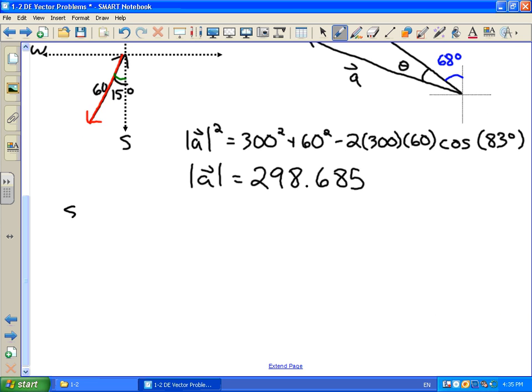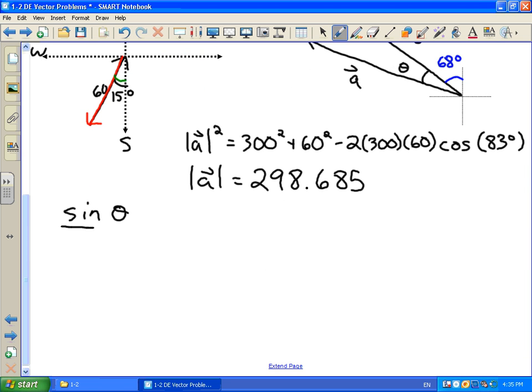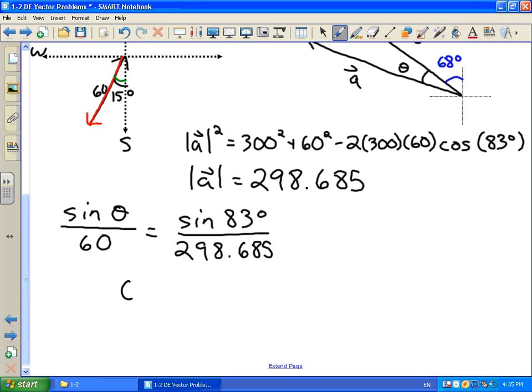So sine theta over, the opposite side is 60, is going to equal sine of that enclosed angle, 83 degrees, divided by the magnitude of that vector that we just found, 298.685. We'll punch this in and solve for angle theta. We get that theta is 11.5 degrees.